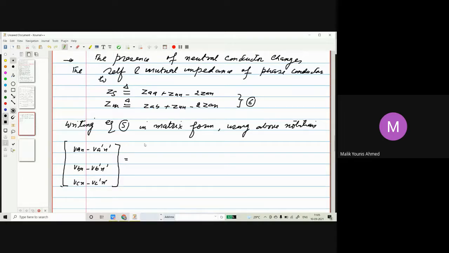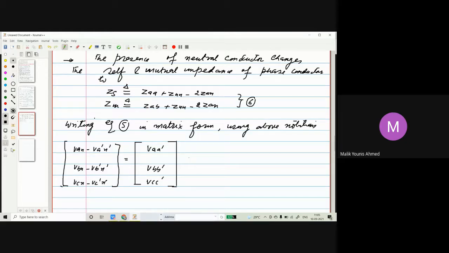Okay, this will be equal to, let me write it more precisely. Okay, this will be equal to, we will write VAN minus VA dash N dash, that can be written as VAA dash. We'll notate it VAA dash, that will be VBB dash, VCC dash.